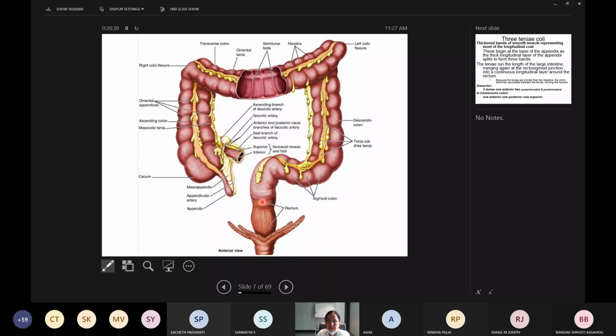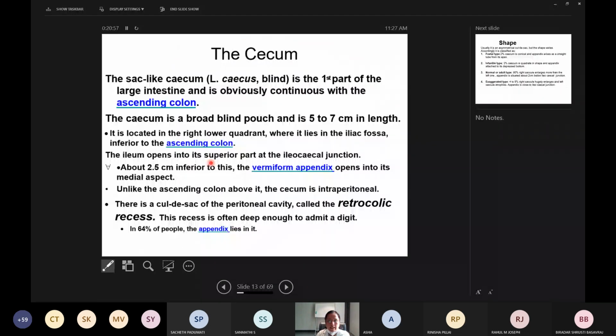Distally, 5 centimeters above the rectosigmoid junction, these longitudinal muscles form anterior and posterior bands, which reach the anterior and posterior surfaces of the rectum respectively. That is how the taenia coli end. Okay, so this was about the cecum.